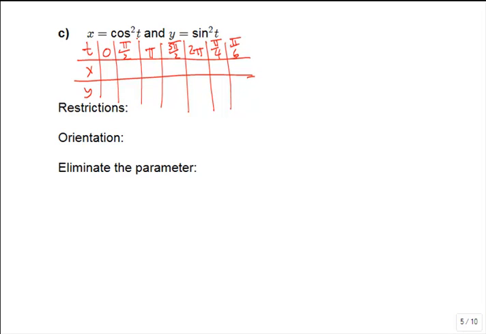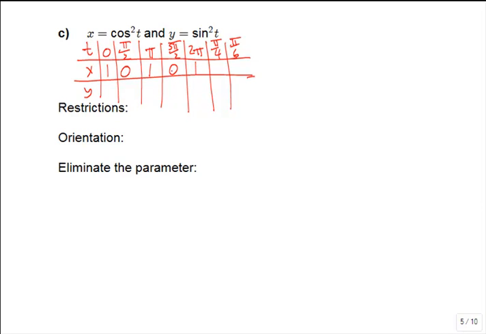If t is 0, then cosine of 0 is 1, and that squared is going to stay 1. If I plug in pi over 2, cosine of pi over 2 is 0, and that squared stays 0. Cosine of pi is negative 1, and that squared becomes positive 1. Cosine of 3 pi over 2 is 0, and that squared stays 0. Cosine of 2 pi is 1, and that squared stays 1.